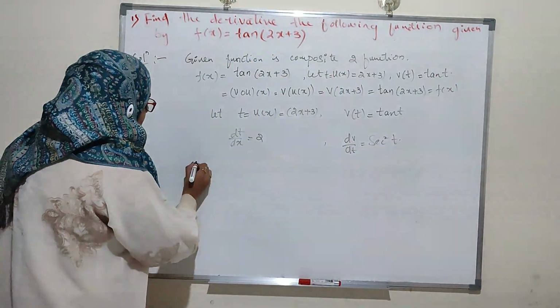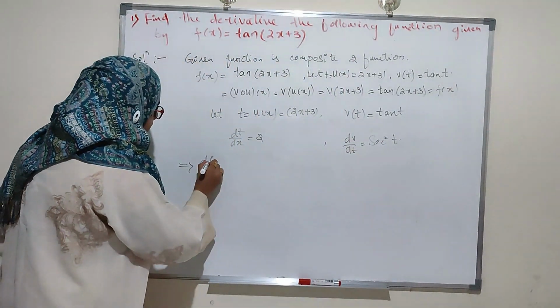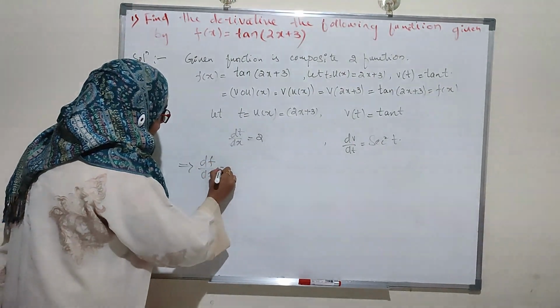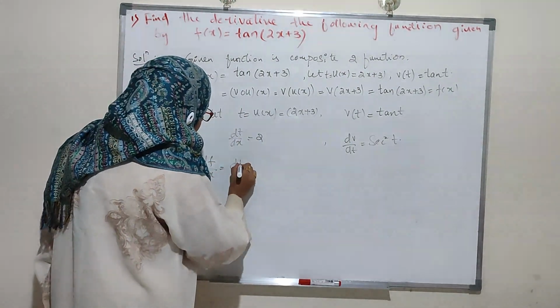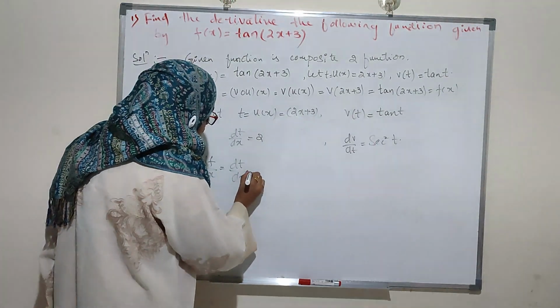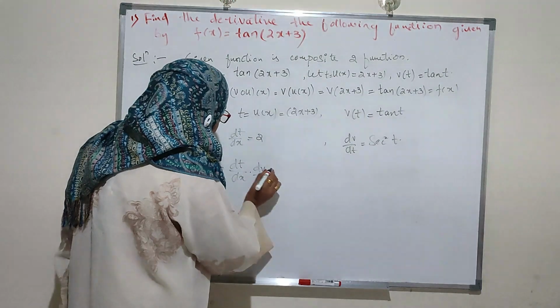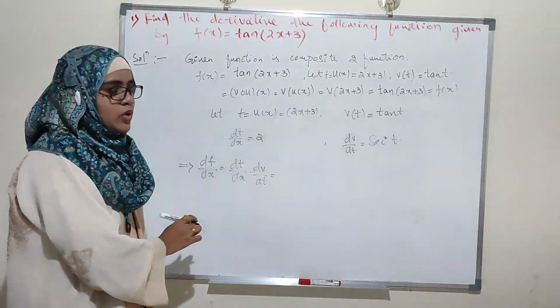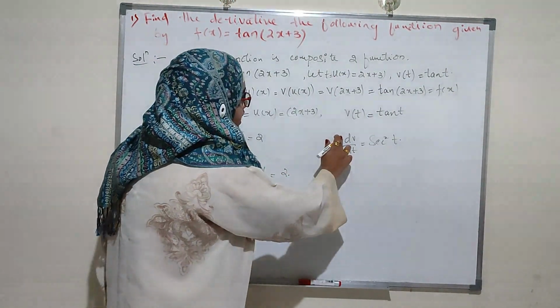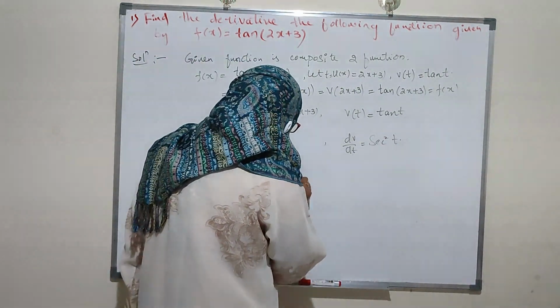Okay, now further, this implies df by dx equal to dt by dx into dv by dt. This is equal to dt by dx, we got 2, into dv by dt, which is sec square of t.